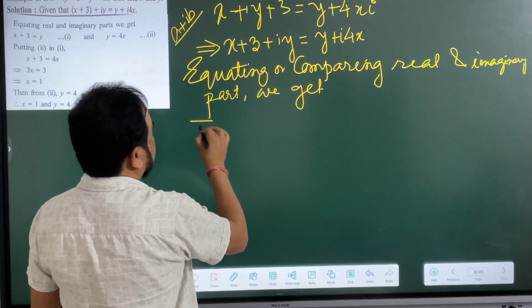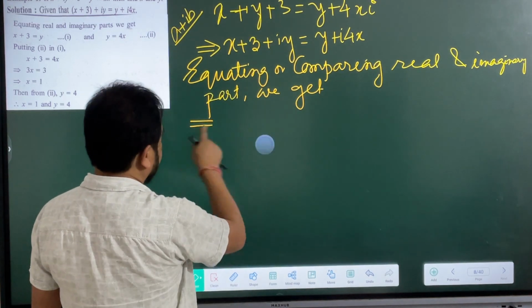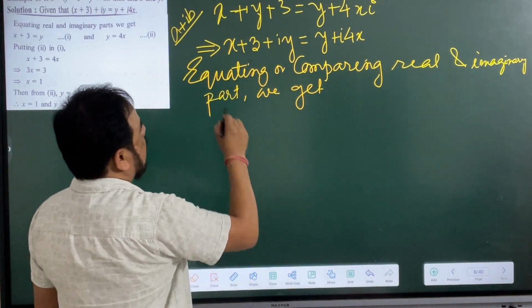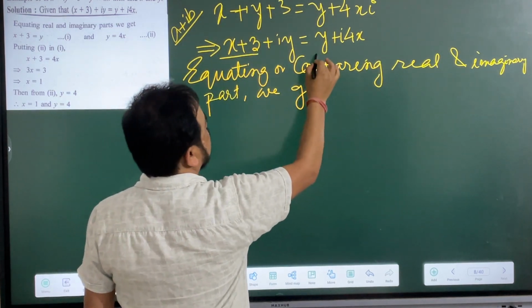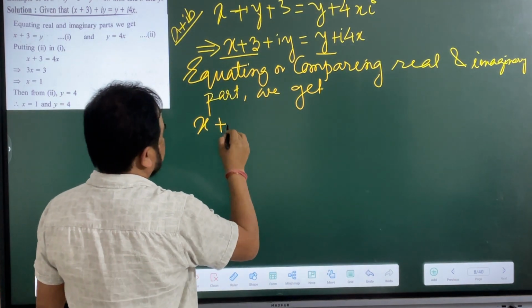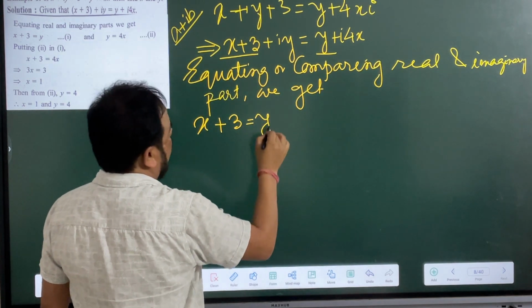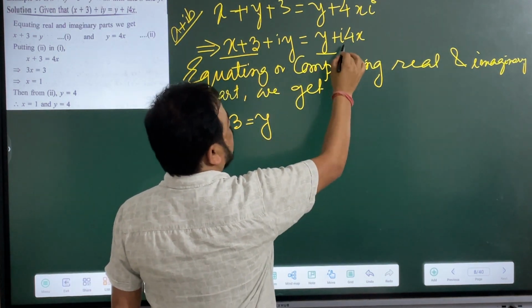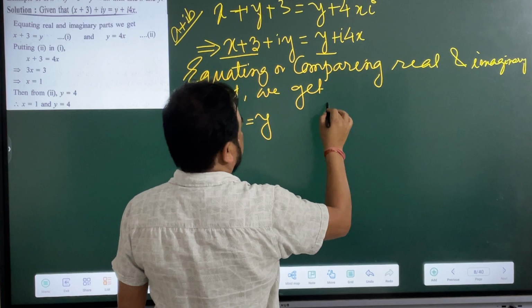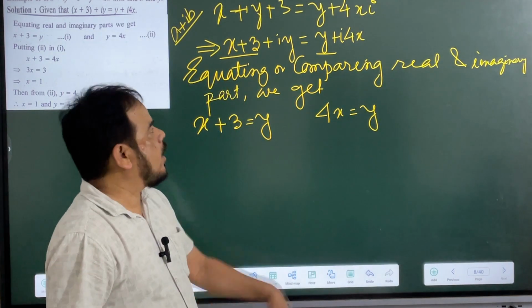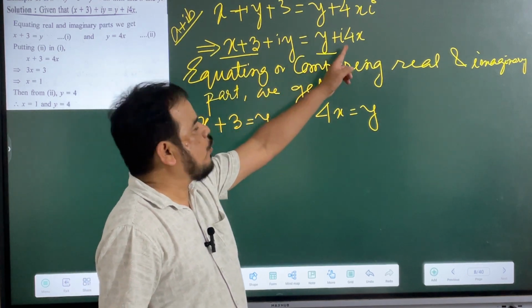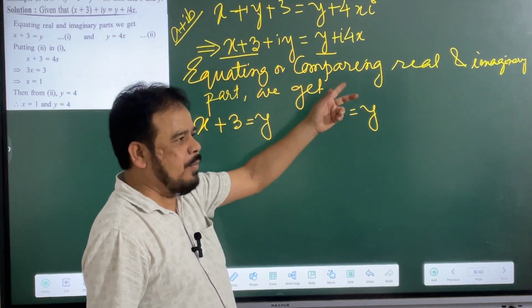So next, equating or comparing is already written. So we will write x plus 3 equals y. Iy equals i 4x, so directly we can write 4x equals y. Look here, I have not written y equals 4x, I have written 4x equals y. Same thing.